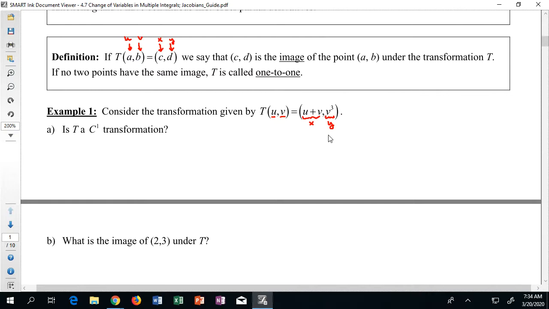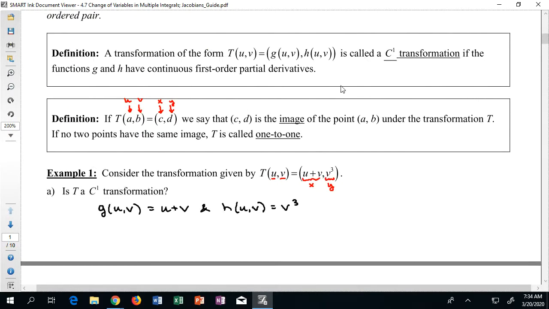So one of the questions that I might have here is, is this a C1 transformation? Well, that should be really easy to see, because I can recognize that my g of u,v, remember, this produces my x's, that's just u plus v. And I can see that h of u,v, that's the formula that produces my y's. And I can ask, do these have continuous first-order partials?